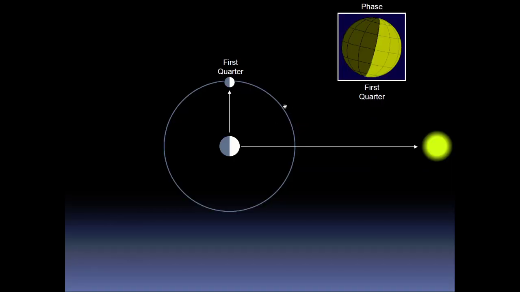So first quarter, right? So first quarter is right here. If you were to draw a tangent line on this circle, you can't see the backside of this moon, but you can see that the moon is half illuminated. So this is first quarter because you can only see 1/4 of the moon illuminated.